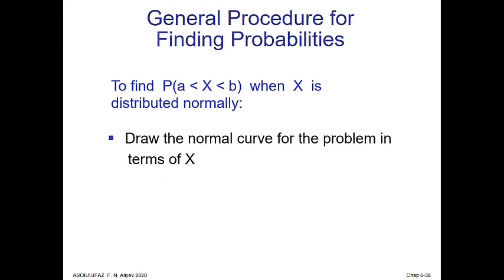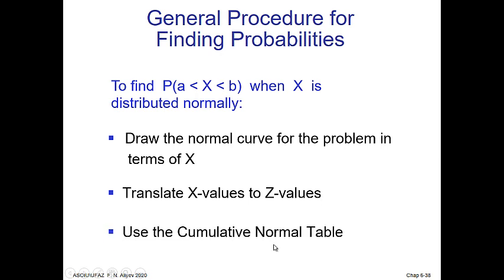First, in order to find the probability, we must draw the normal curve for the problem in terms of x. Second, translate x values to z values. And the third thing, use the cumulative normal table to find the probabilities.